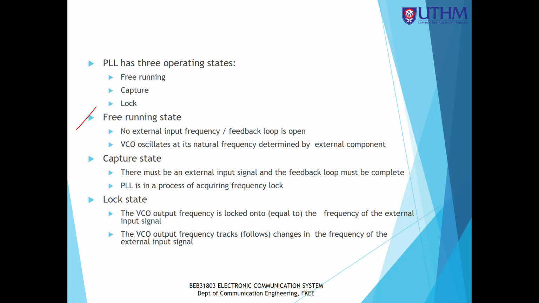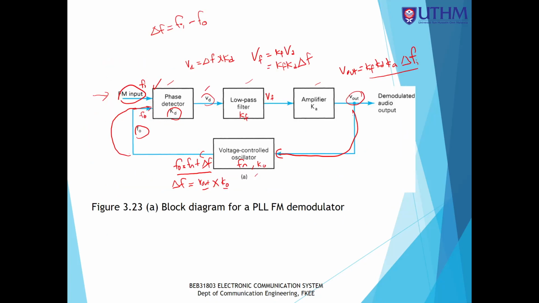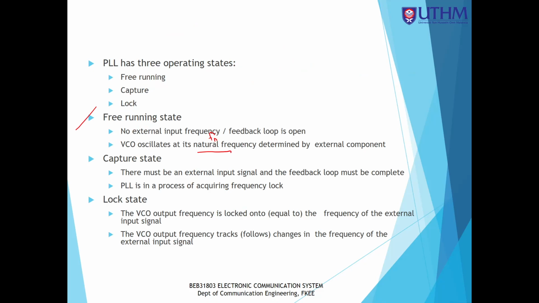Tidak ada input. The feedback loop is open, so the voltage control oscillator will oscillate at its natural frequency, which is Fn. Like we have learned previously, Fn, the natural frequency. There's no input, so the system will run at its natural state. Nothing happened.